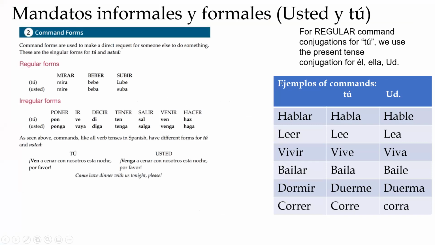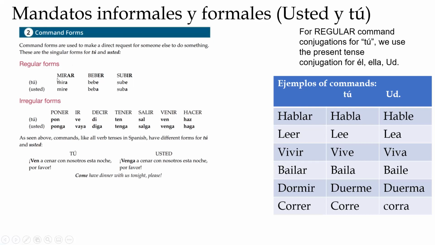So if we look up here, we have regular forms here for tú. So for example, we have mira, bebe, sube. So if you notice here, take a look right here where it says regular command conjugations for tú, we use the present tense conjugation for la usted.